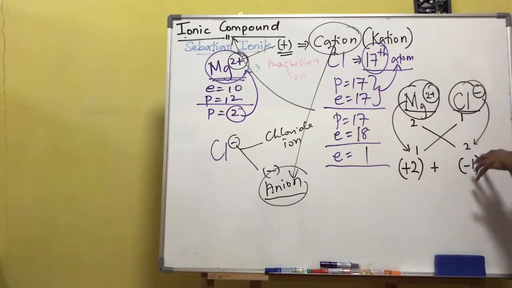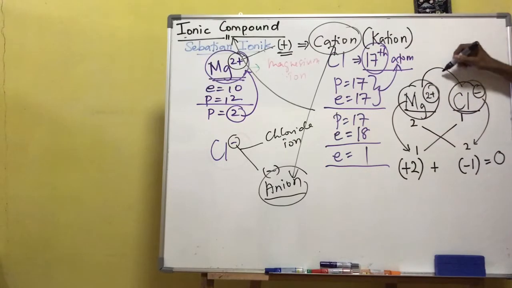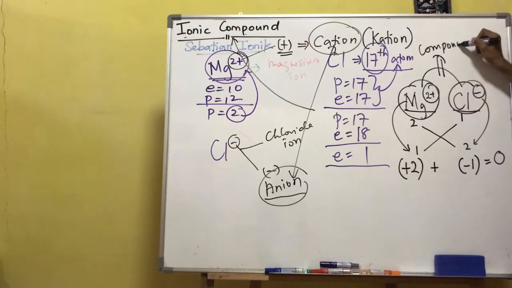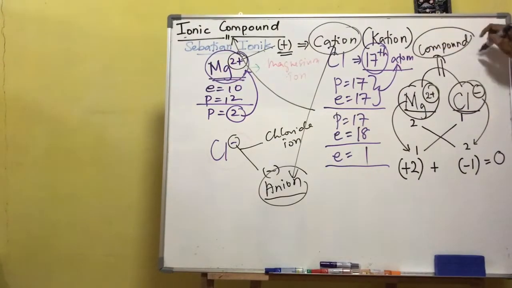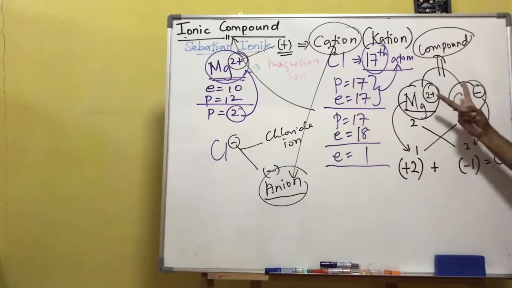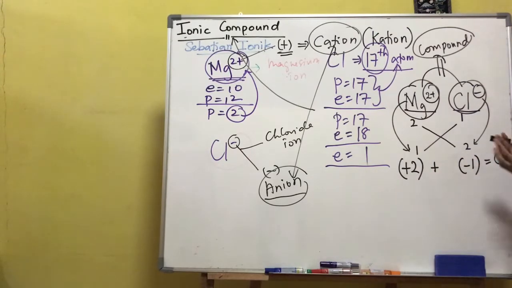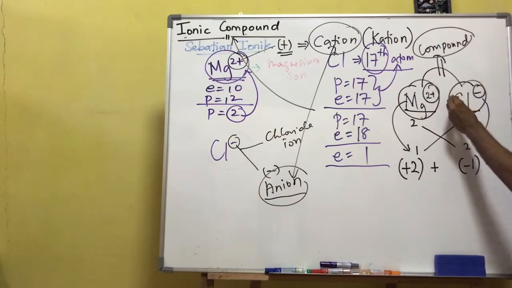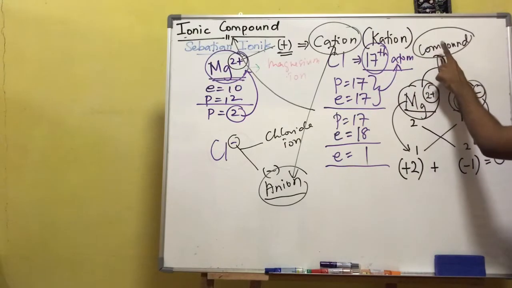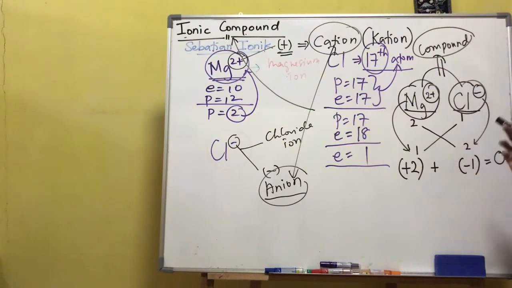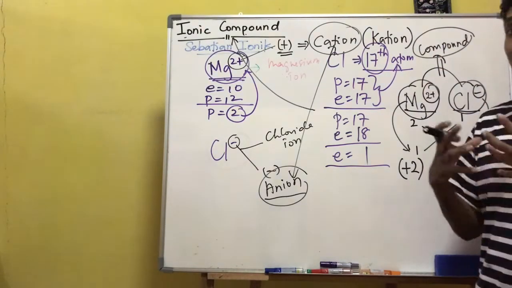When these two become a compound, the compound should not have any charge. Maksudnya, apabila dua-dua ion ini bergabung menghasilkan sebatian, sebatian itu tidak boleh ada charge.